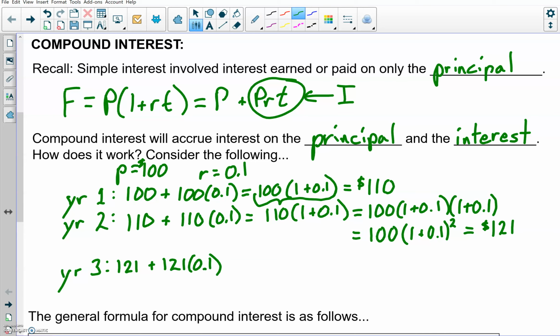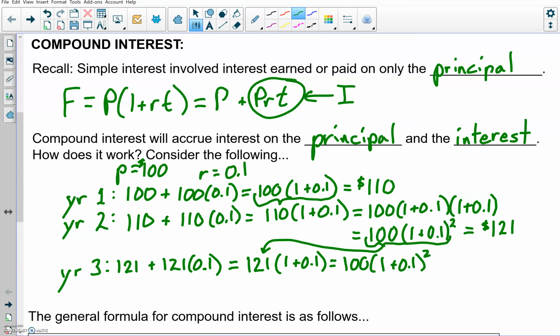So we're earning interest on everything that we've earned up to this point, including the initial investment. Then we'll have 121 times (1 plus 0.1). Again, I'm going to rewrite that 121 as 100 times (1 plus 0.1) squared, basically taking this here and replacing the 121 with it.